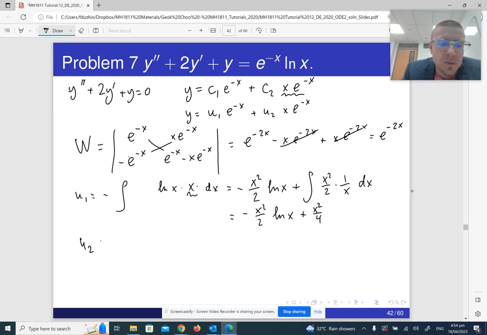Now u2 is the similar integration, but without the minus sign.